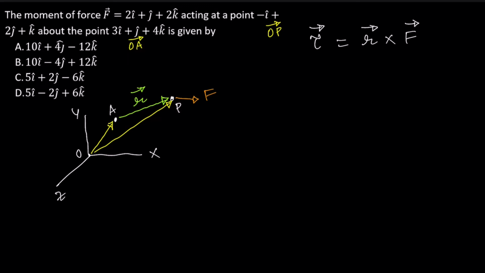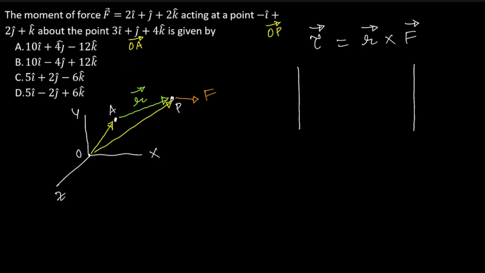You might be knowing this, we can actually use a determinant to calculate the value of a torque. So we take the determinant of something. Now what are the entries in this determinant?